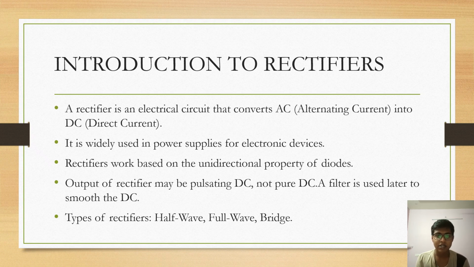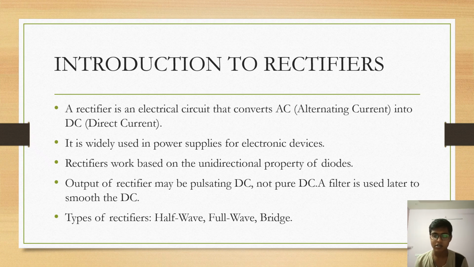It is widely used in power supplies for electronic devices. Rectifiers work based on the unidirectional property of diodes. Because diodes have a unidirectional property, the output of a rectifier may be pulsating DC, not pure DC.